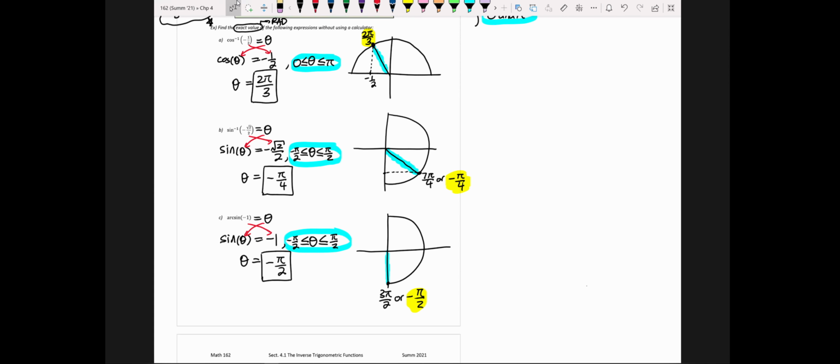This is 2 pi over 3. 2 pi over 3 does live in the restriction, so we're good. We find the radian measure that satisfies the equation and also lives in the restriction.